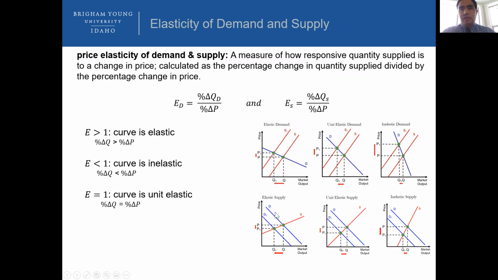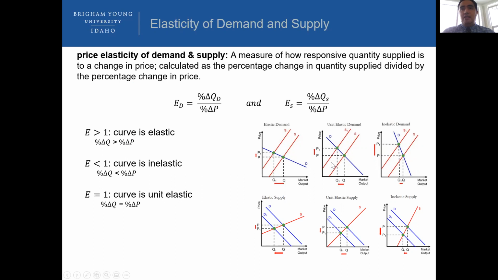If you're shifting the demand curve, there's a huge change in quantity and a small change in price, either way. This shows S and S1, and you could go one way or the other. But if it's elastic, the amount supplied or demanded is extremely responsive to the price.